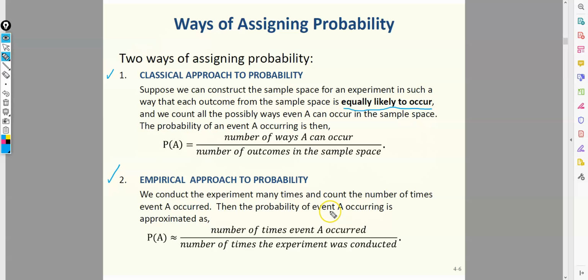Then the probability of event A occurring is approximated as the number of times event A occurred divided by the number of times the experiment was conducted. So that's the empirical approach. Let's take a look at a few examples involving these two techniques.